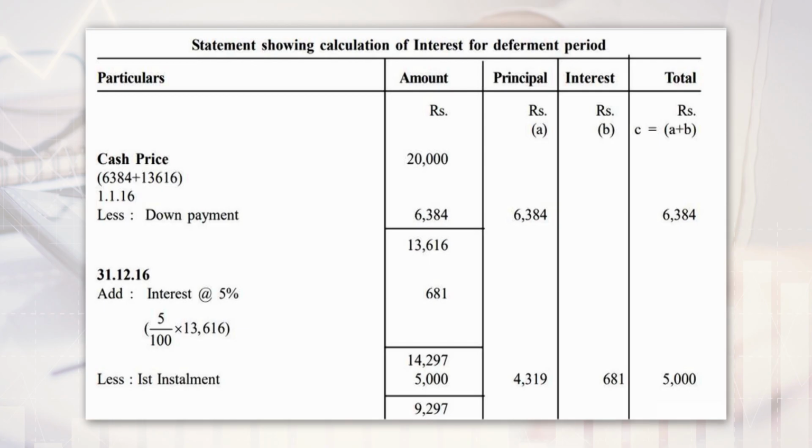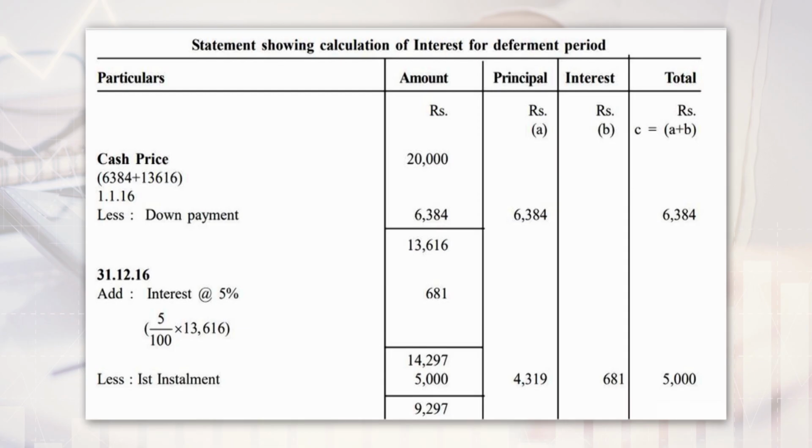So the total amount outstanding at the time of second year is 14,297. Out of this first installment 5,000. Out of 5,000, 681 is the interest and the remaining 4,319 is the principal amount.